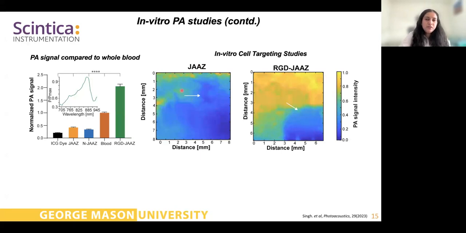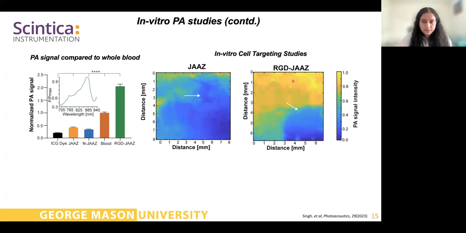The cells were incubated with the JAS particles, and there's an M region scratched onto the slide. The JAS particles were repeatedly washed out after the cells were incubated with them for a few hours. And the PA signal obtained from this particular slide was really, really low because these particles do not attach to the HeLa cells.